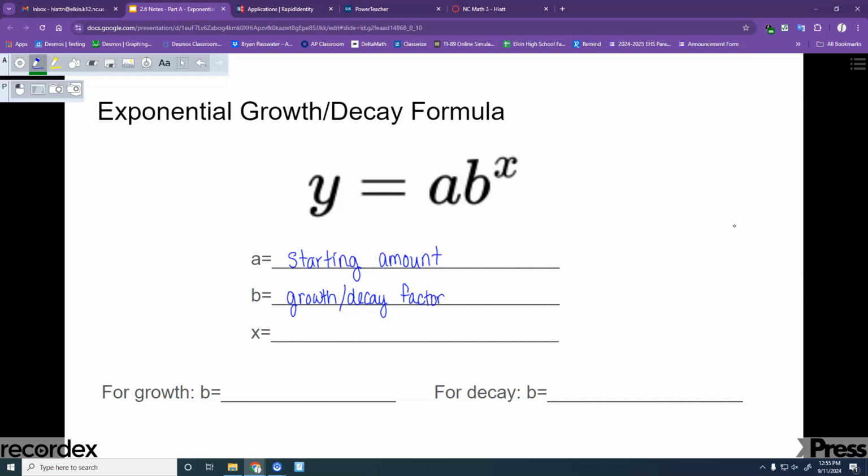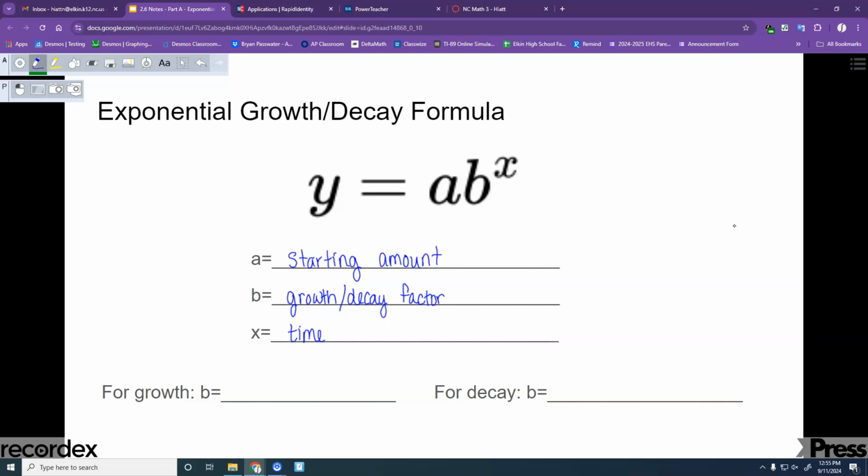And then x is always going to be some sort of time. It could be in minutes, it could be in hours, it could be in days. We're going to see years a lot. In fact, we may have only put years on the problems that we're going to do today. Sometimes it's not a specific amount of time, but maybe like the number of rounds of a tournament or something like that. But it's always representing some sort of time in the situations that you're going to see here.